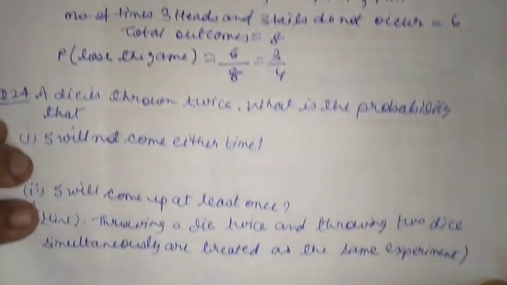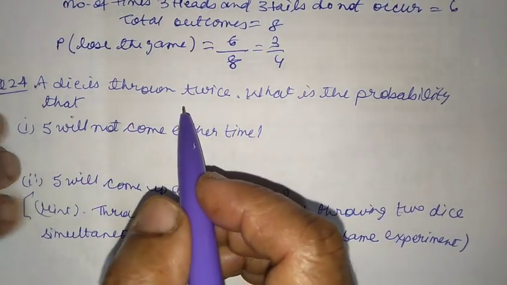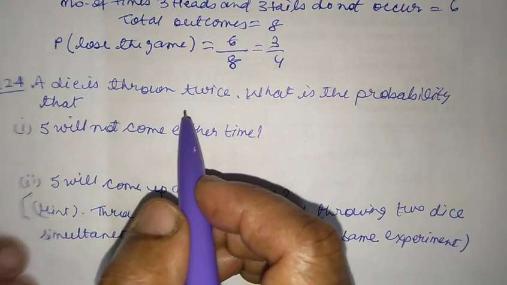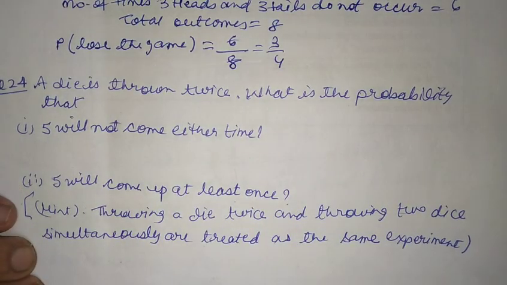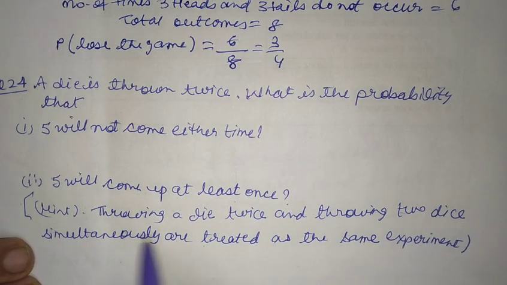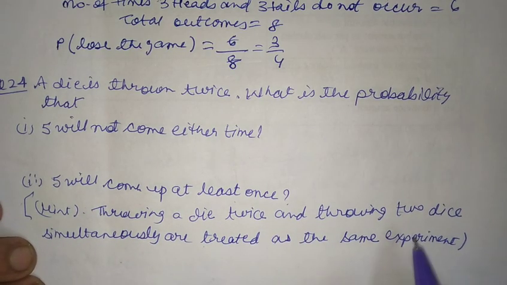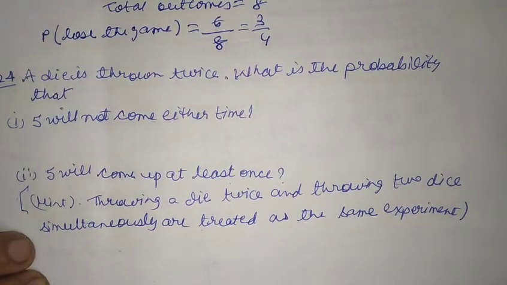Now let us go to our question 24 here. A die is thrown twice. What is the probability that 5 will not occur either time? And 5 will come at least once here. Throwing a die twice and throwing 2 dice simultaneously are treated as the same experiment.